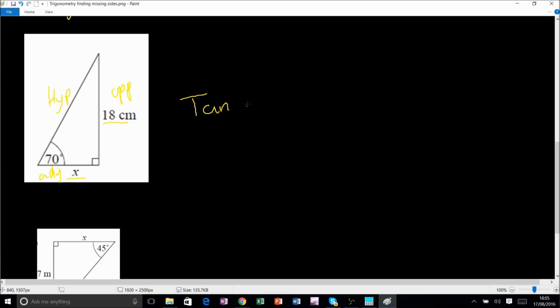So tan of 70 is equal to 18 over x. Okay, doing a little bit of rearranging, we're going to get x tan 70 is equal to 18.